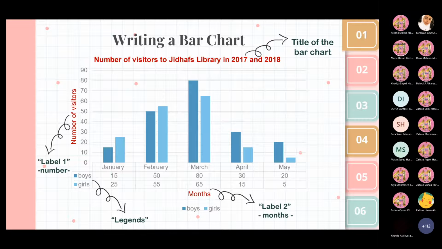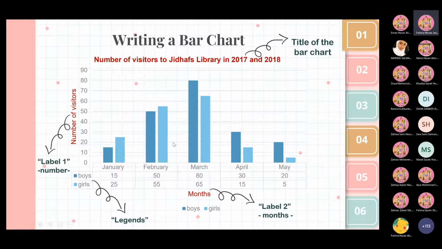Nobody? It's so easy. Okay, we have hands. Iman. 15 boys visited the library in January. She said 13 boys in January.